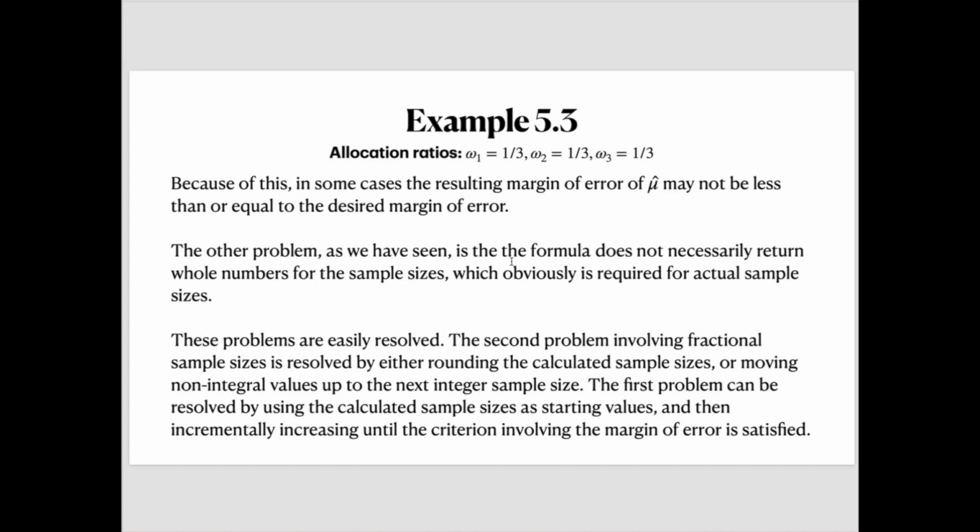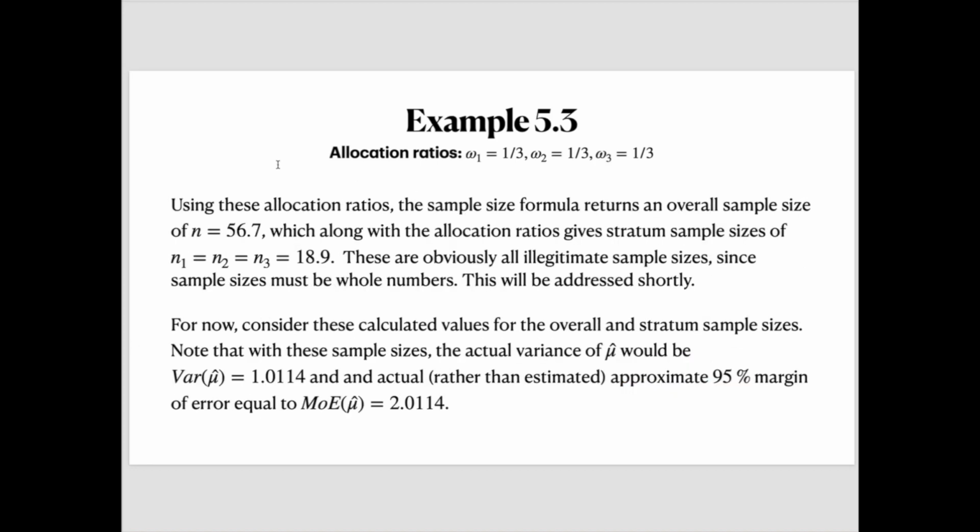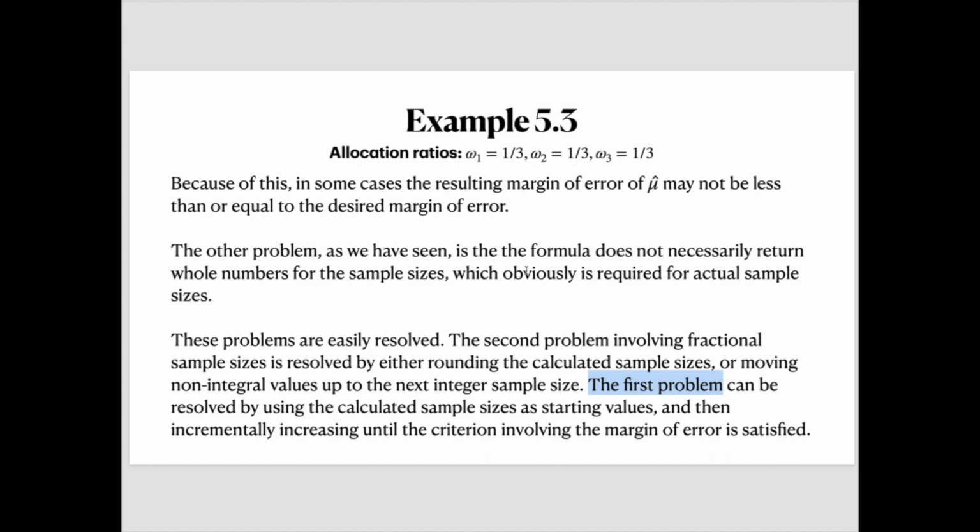Or for this first problem here, maybe we just don't do anything, right? Maybe we say that if we get close to that margin of error, then that's really all that's necessary. And that's probably what we would do in practice. Okay, let's look and see how we can adjust these numbers to resolve both of these issues.